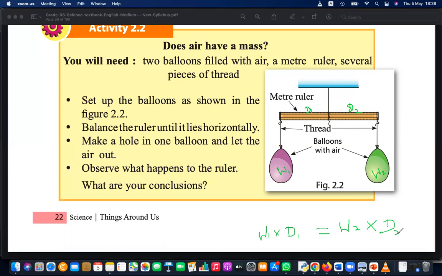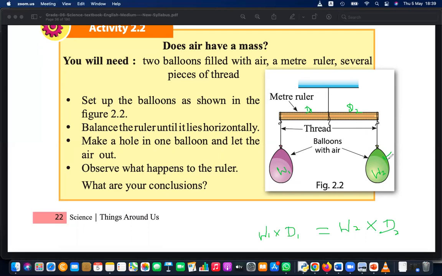So when you balance like this, what will happen if you make a small hole or poke into this balloon? But please remember, I recommended you put a tape. Why? When you poke into a balloon, it might blast.